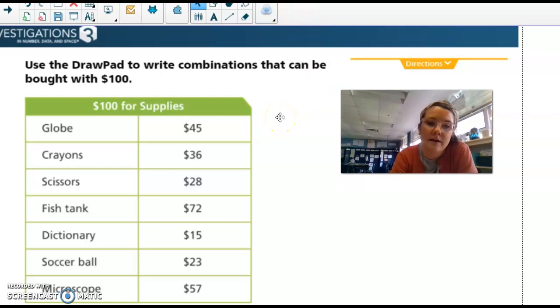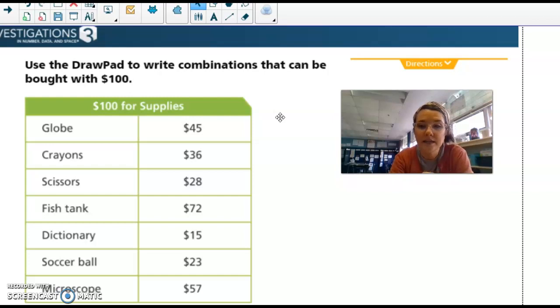So I could buy a globe for $45. I could buy crayons for $36. I could buy scissors for $28. A fish tank for $72, a dictionary for $15, soccer ball for $23, or a microscope for $57, okay? So what combinations of 2 things could I buy?